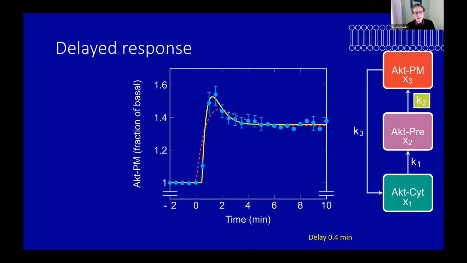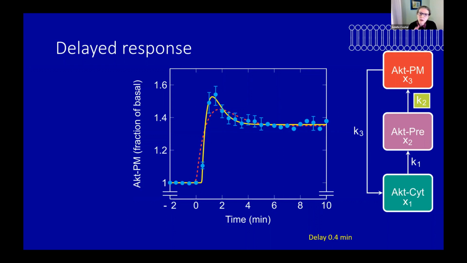So we tried to look at allowing a delay. Just wait for a delay and then do your change in K2. And indeed, it's a much, much better fit. It not only captures that upstroke, but also much better the actual overshoot. And so that delay was about 0.4 of a minute.